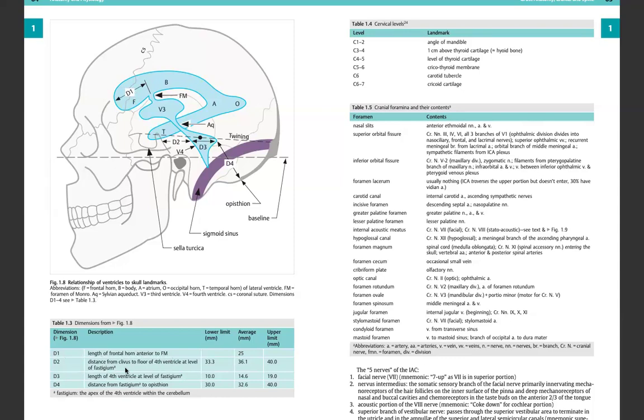D2 is the distance from the clivus to the floor of the fourth ventricle at the level of the fastigium. Fastigium here, D2 is here. The fastigium is the apex of the fourth ventricle within the cerebellum. D3 is the length of the fourth ventricle at the level of the fastigium.